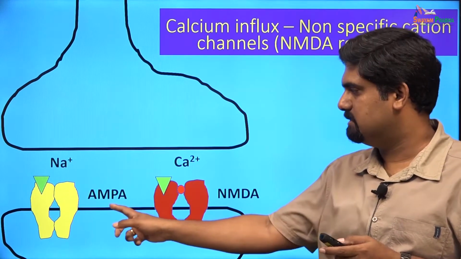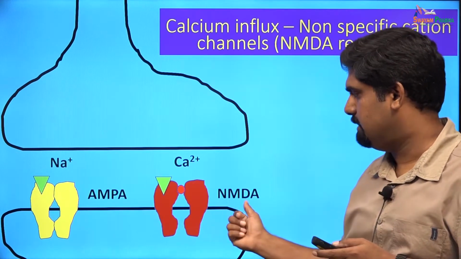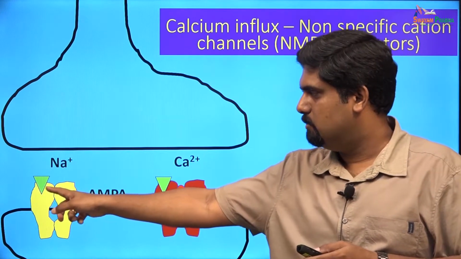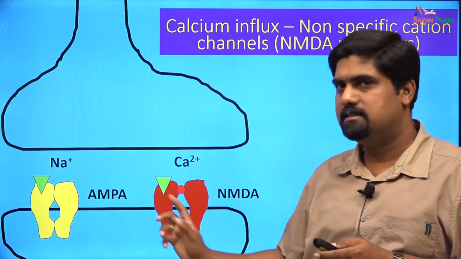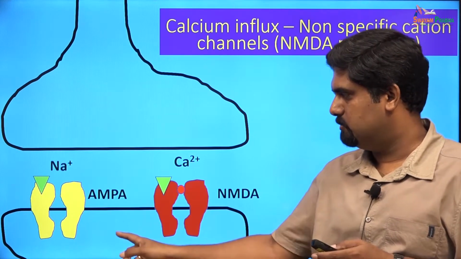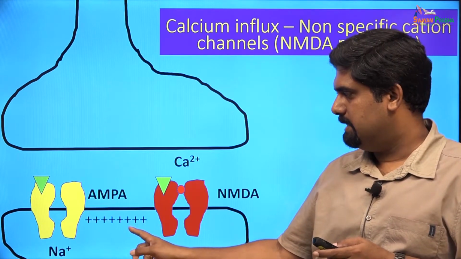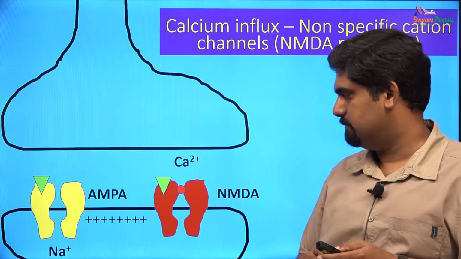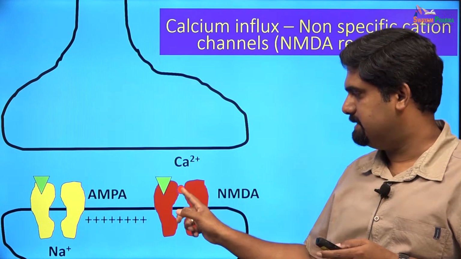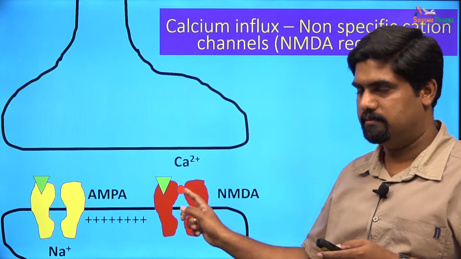The normal glutamate receptors are the AMPA receptors and the NMDA receptors. When glutamate binds to the AMPA receptors, these channels open and sodium enters the postsynaptic cell, causing a depolarization of the postsynaptic neuron. Now the NMDA receptor is normally blocked by magnesium, which is blocking the pore.